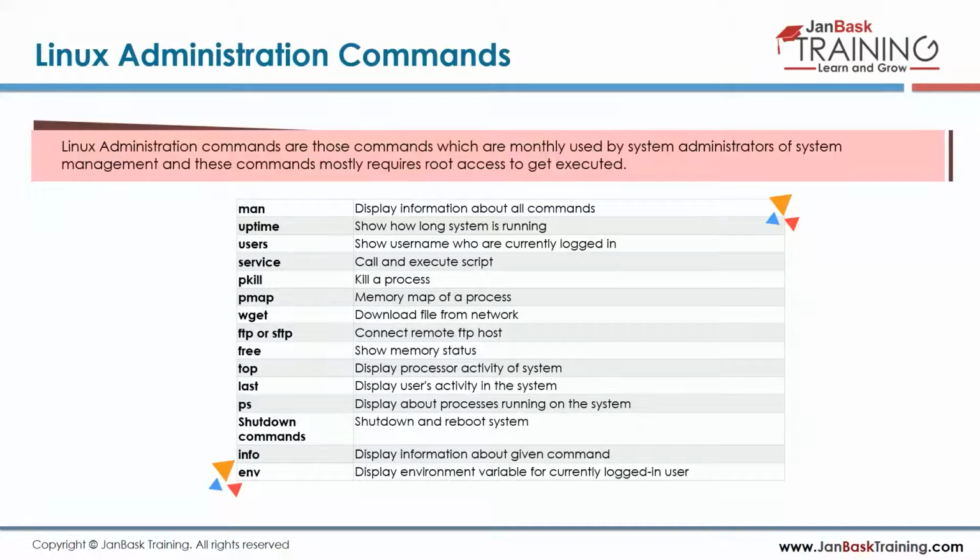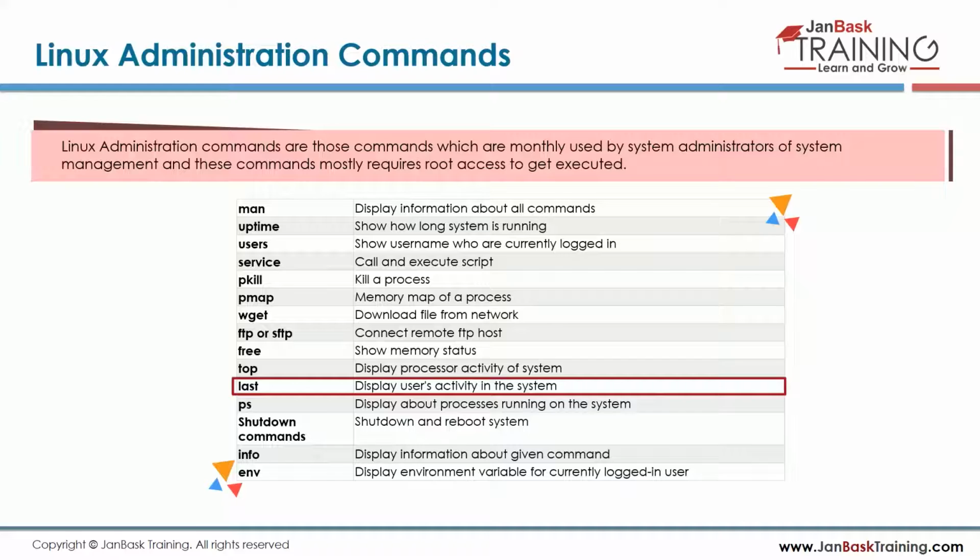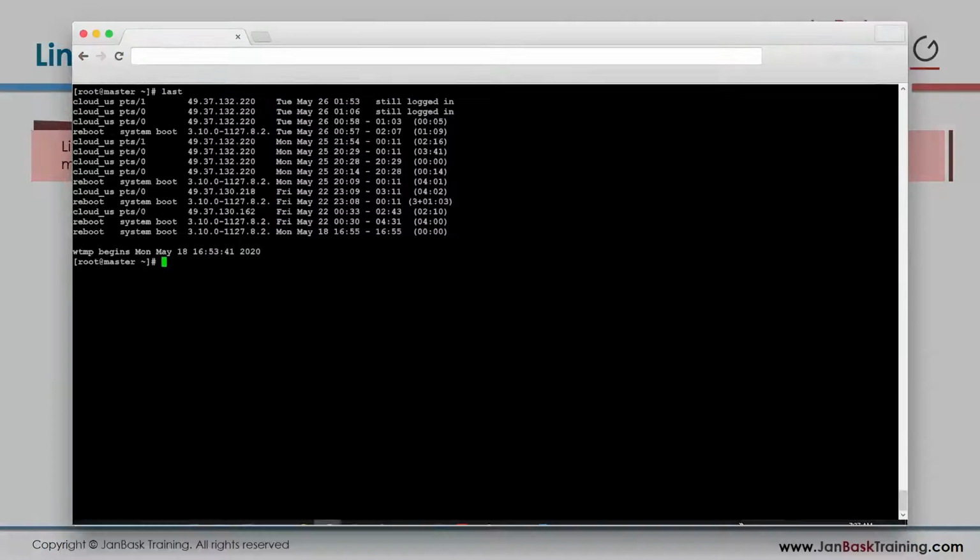Okay, let's move on to another command, the last command. The last command is used to display the last login and last logout time of a user. I hit the command last, and it gives me the output. These are the users, cloud user, when this user got rebooted, and when this user logged in.